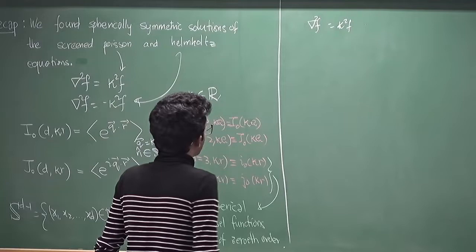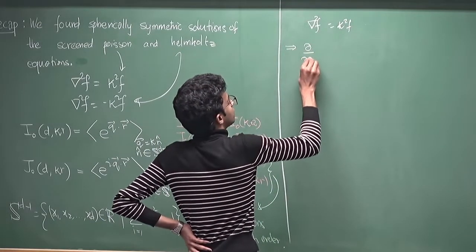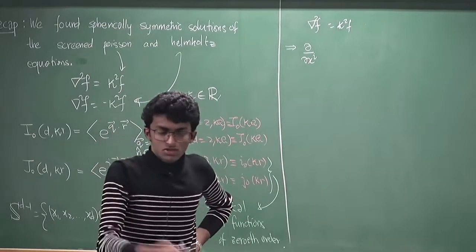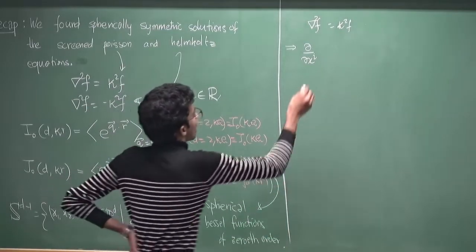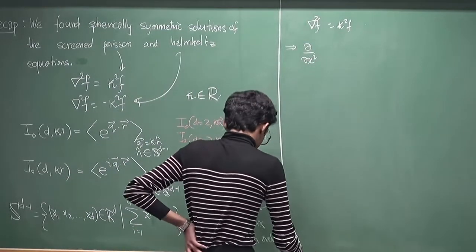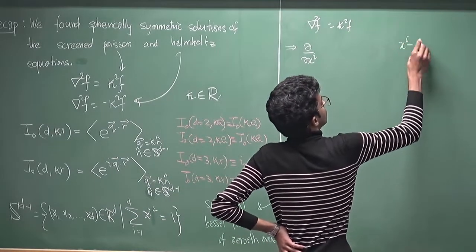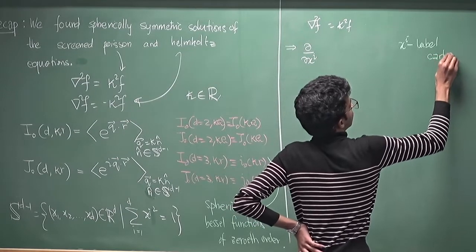So this would imply that del xi, where i labels x or y or z, or if you're in higher or lower dimensions, it just labels the Cartesian coordinates. Remember, xi are the Cartesian coordinates.